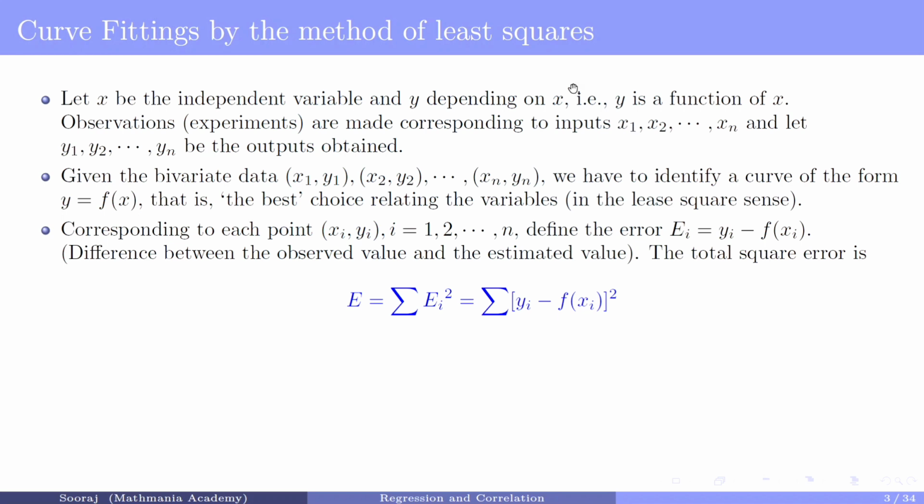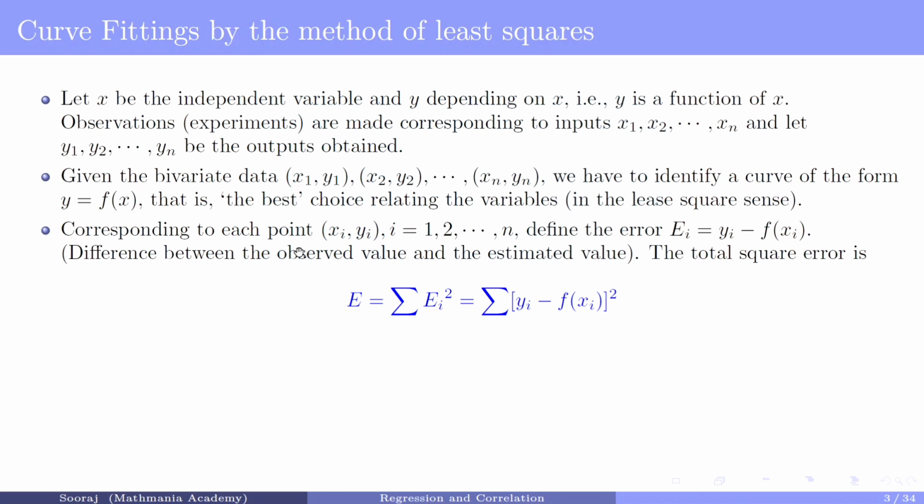Corresponding to xi, the data we have is yi, and this f of xi is identified from the curve that we have identified. It is calculated from the function that we have identified. We just take the difference and define that as an error.